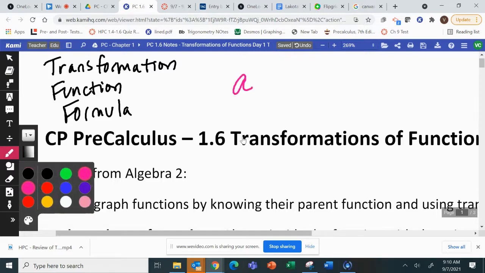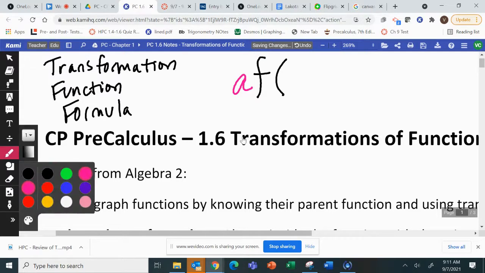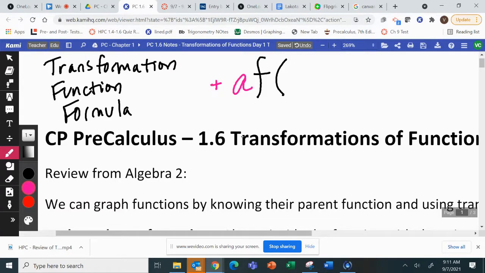A, we'll have f, parenthesis. For that A, I might have to do plus or minus in front of it also. I'm going to change that color to plus or minus.